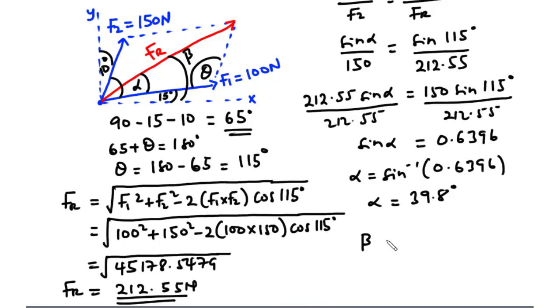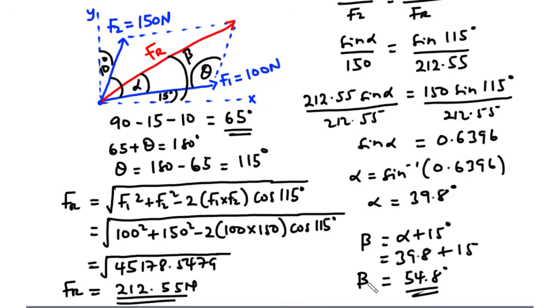So angle beta, which is the angle between FR and the positive x-axis, is equal to alpha plus 15 degrees. So we have 39.8 plus 15, which is equal to 54.8 degrees. So the angle the resultant force makes with the positive x-axis is equal to 54.8 degrees.